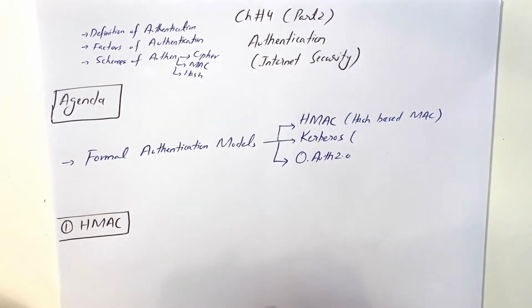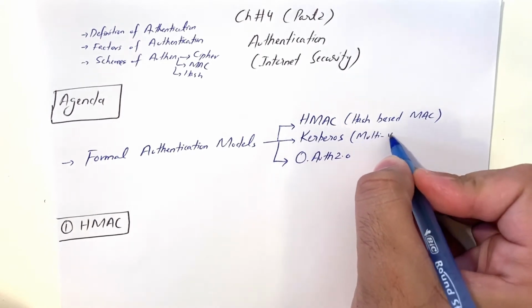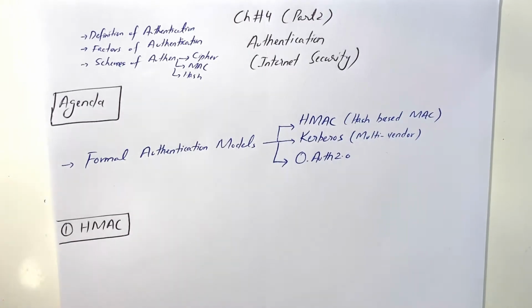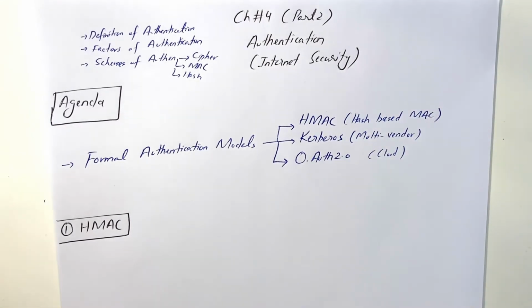Kerberos is basically a protocol that we typically use if we have a multi-vendor environment. If you have multi-vendor products in your organization, to manage those resources, we typically use Kerberos to manage the access of those resources. OAuth is basically a cloud-based access control system. We will discuss that in detail as well.